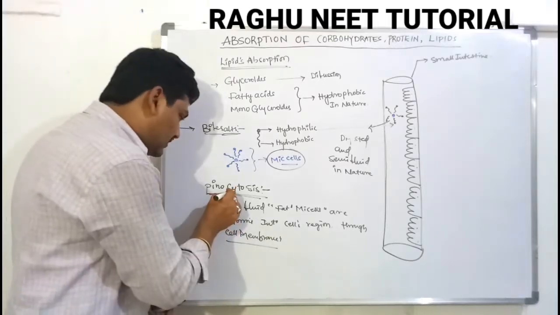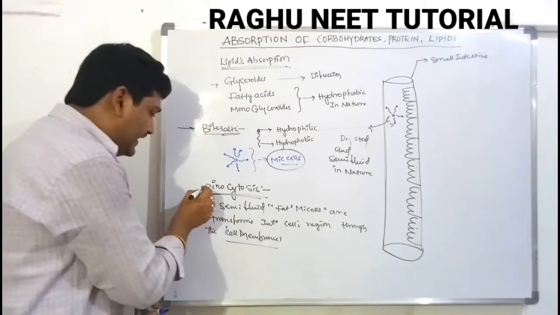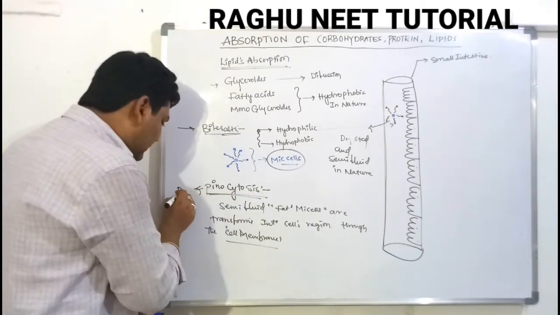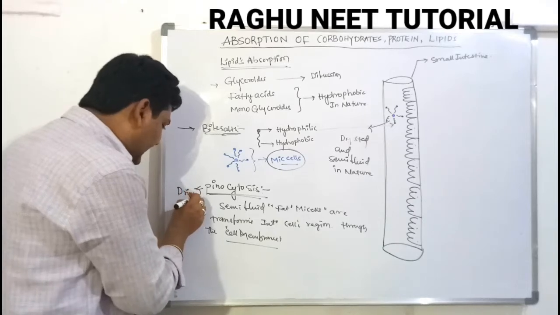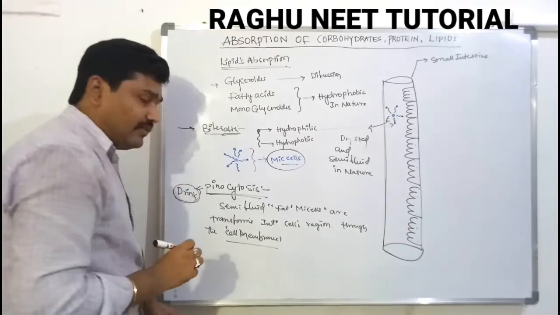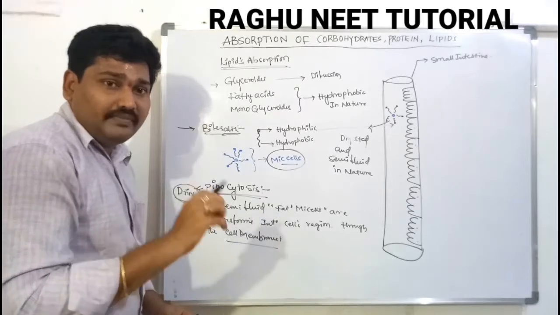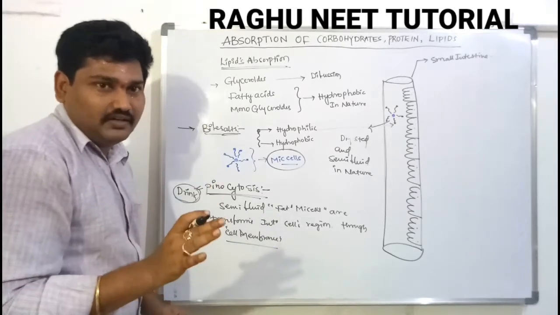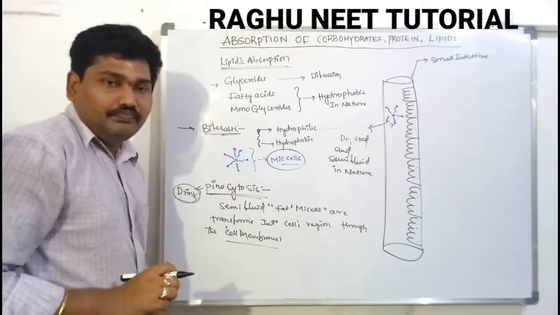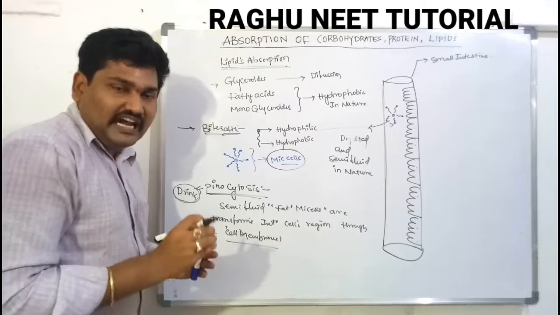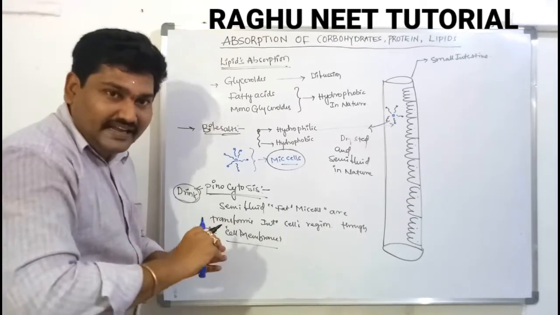Cyto means cells. So pino means what? Drink. Pino means drink. Very important. The word is derived from Latin. Pino means drink, cyto means cells, and lysis means division. When the micelles attach to the microvilli, there is a depression.